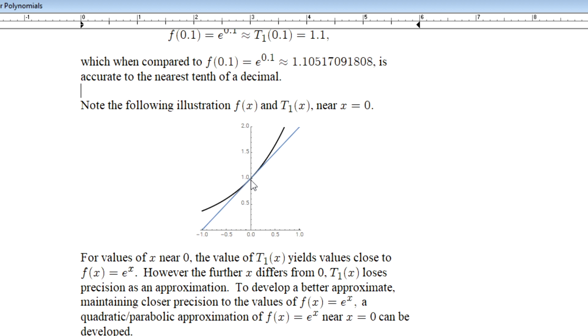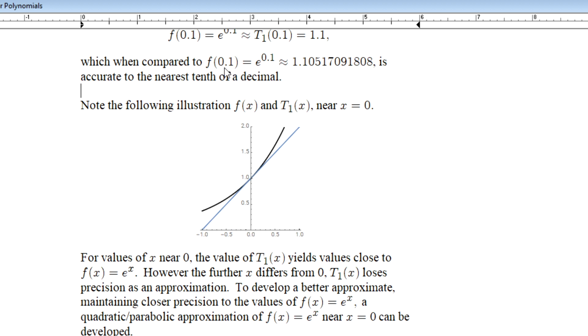So at 0, we know that it would be passing through at the value of 1. And what we've developed in T sub 1 is this line tangent to the curve at that point. And note that the line tangent to the curve at that point gives us pretty good approximations of that function close to the value of x equal to 0.